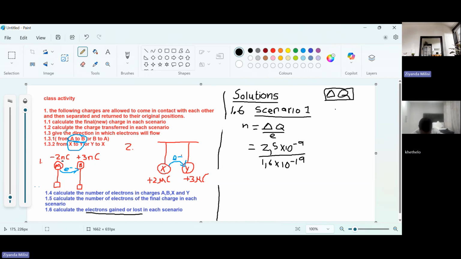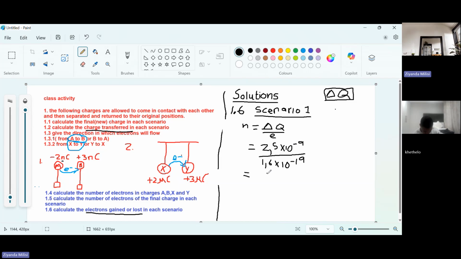These are your answers in 1.2. So the charge transferred is the same as charge gained or lost, and we are converting it now to electrons.